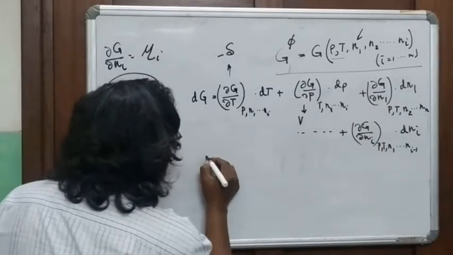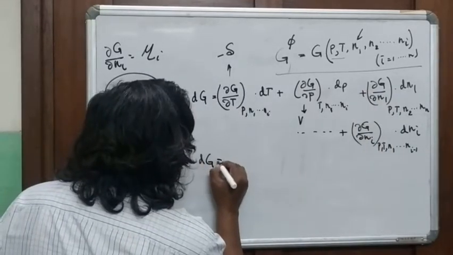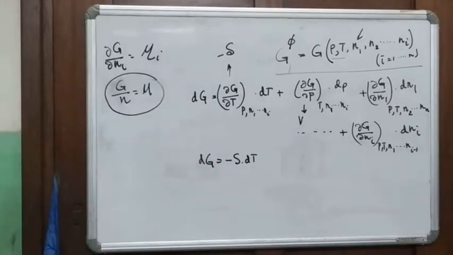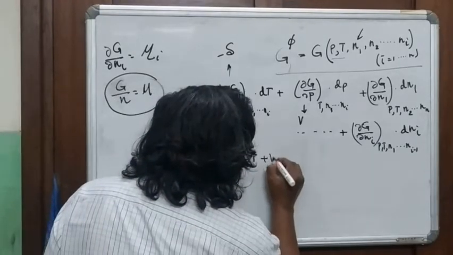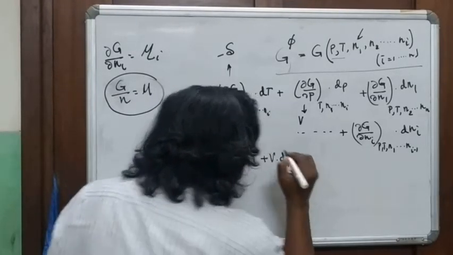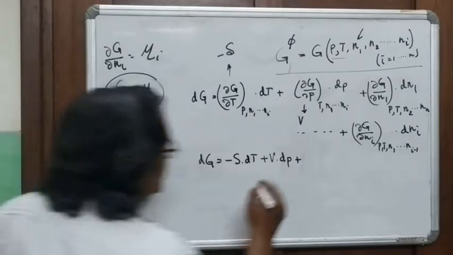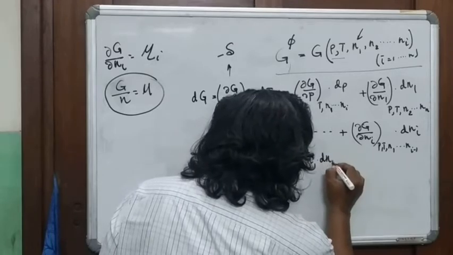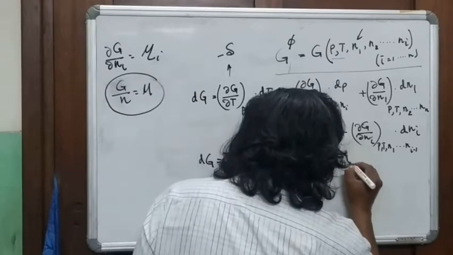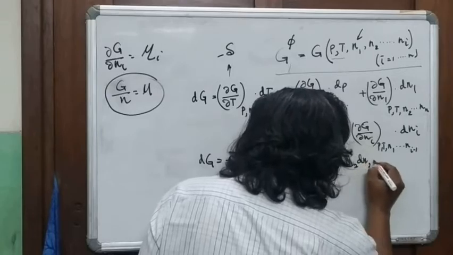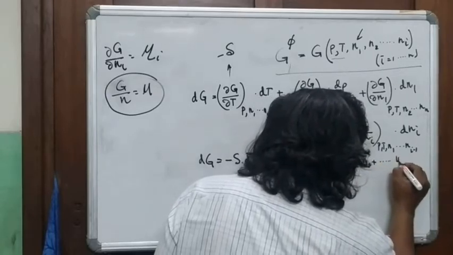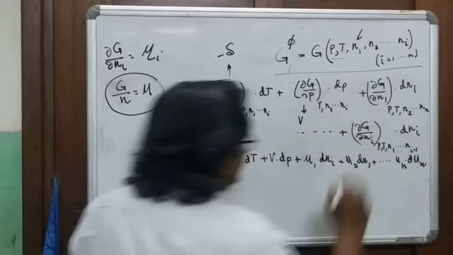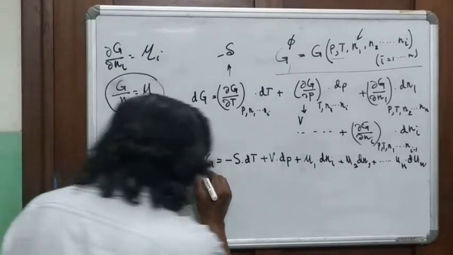So if I write this, it becomes dG is equal to minus S dT plus V dP plus mu1 dn1 plus mu2 dn2 plus mu, and so on. This is how it goes.